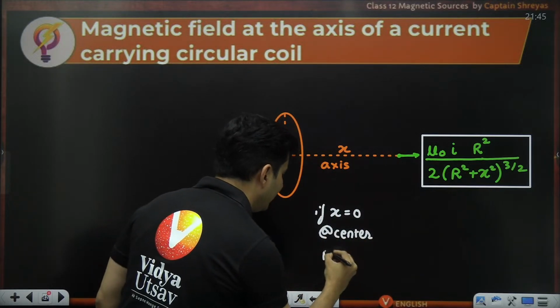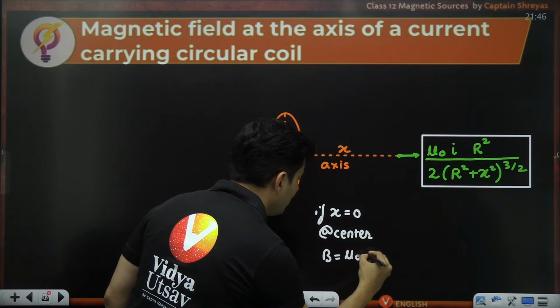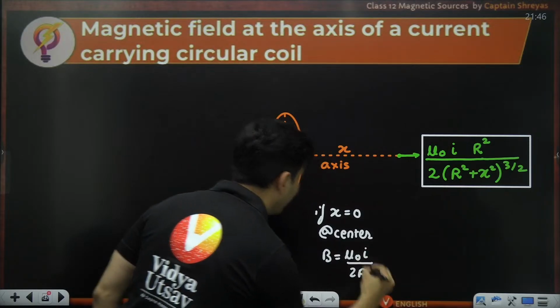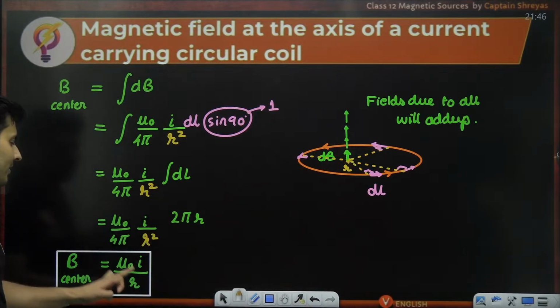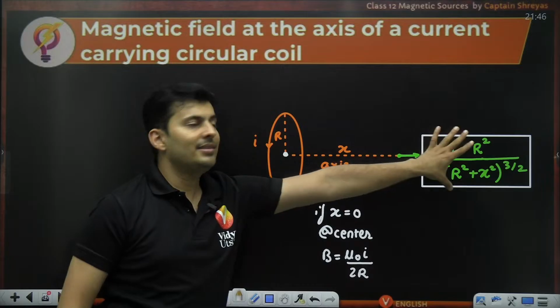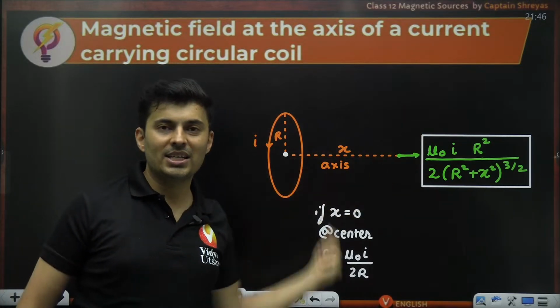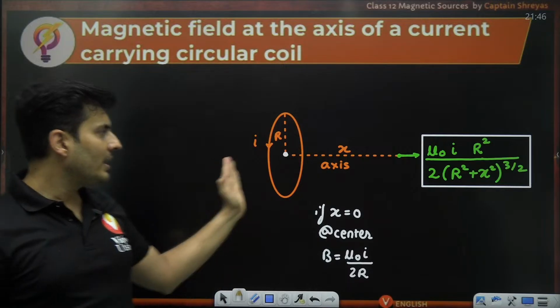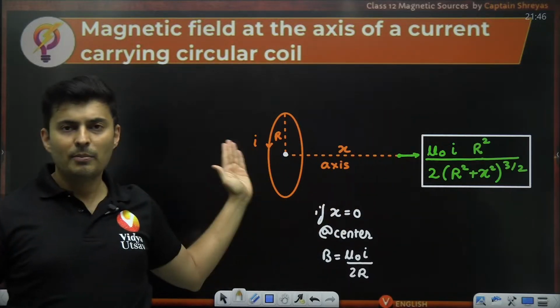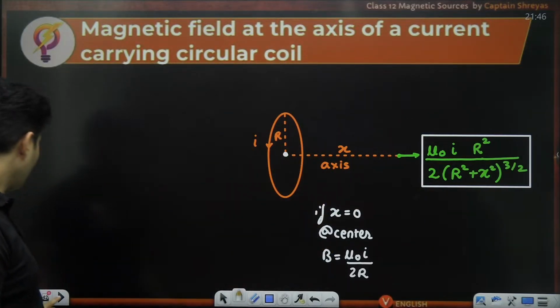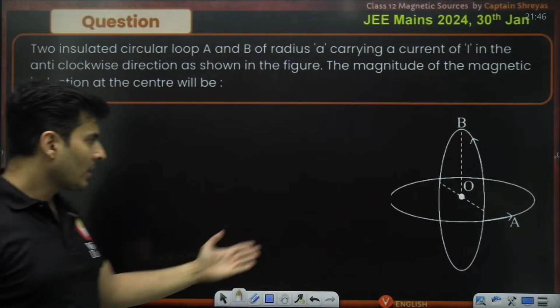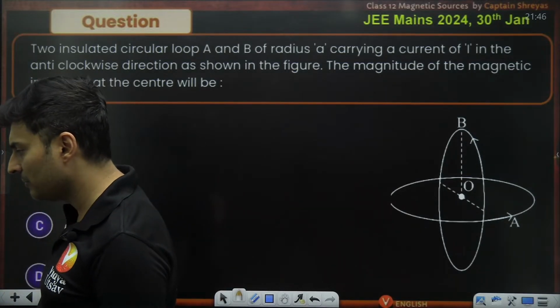So the magnetic field will just be mu naught I by 2r, exactly what you got over here. So this verifies this formula, that a special case is the center. But in general, away from the plane of the coil, this is the formula. Is this absolutely clear?